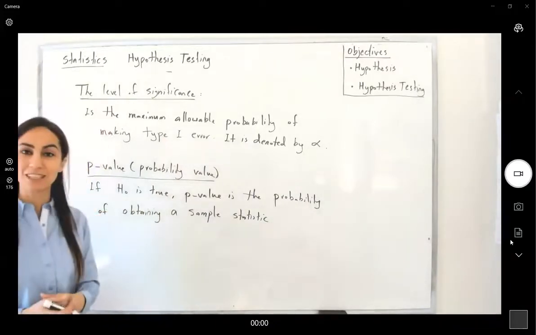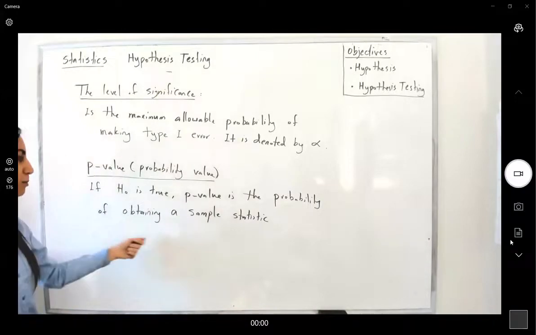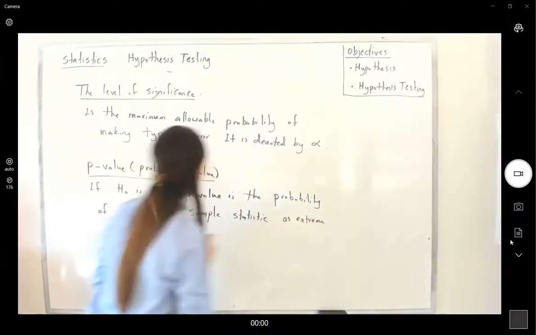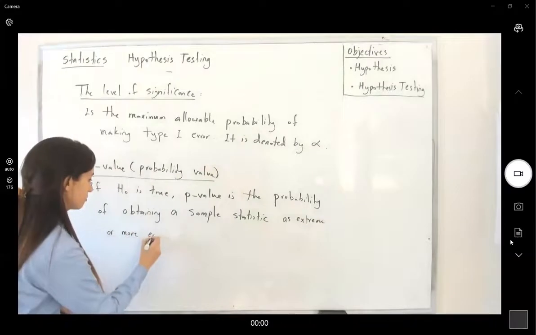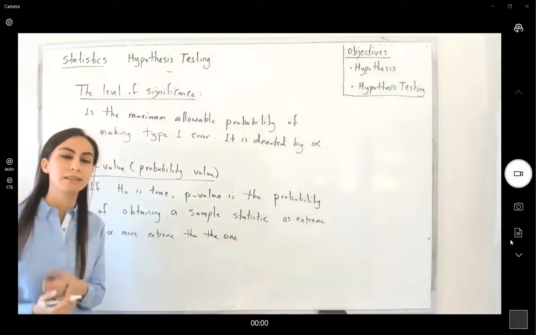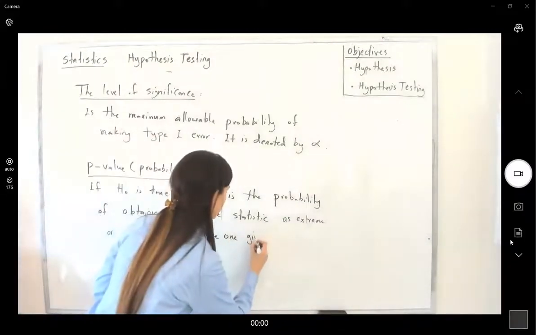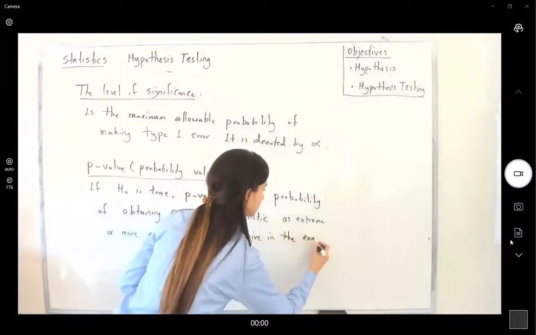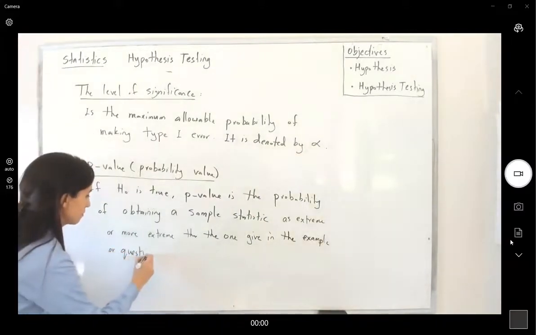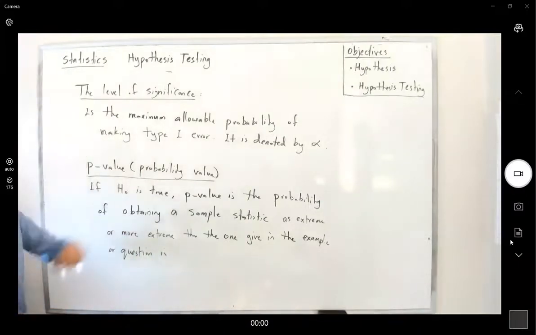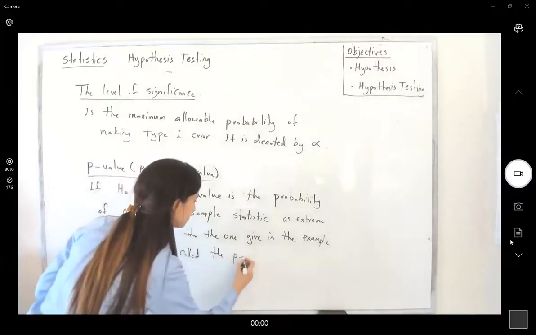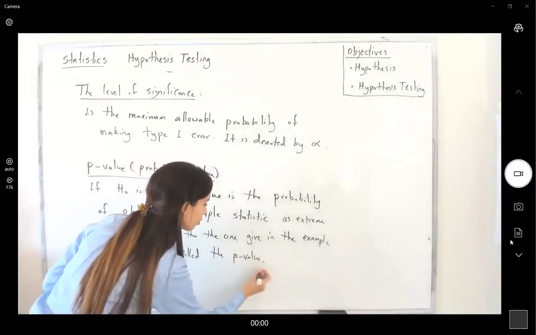So if your null hypothesis is true, then the probability of obtaining a sample statistic as extreme or more extreme than the one given in the example or question is called the p-value, for probability value.